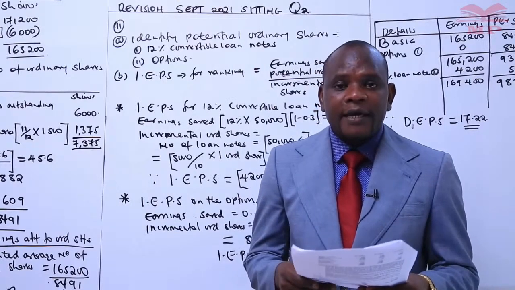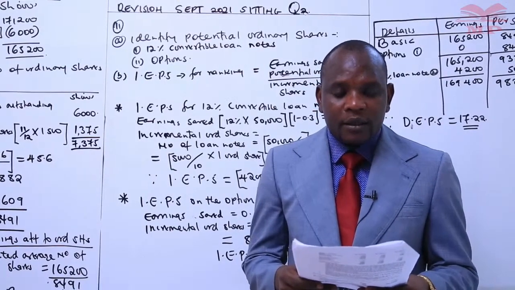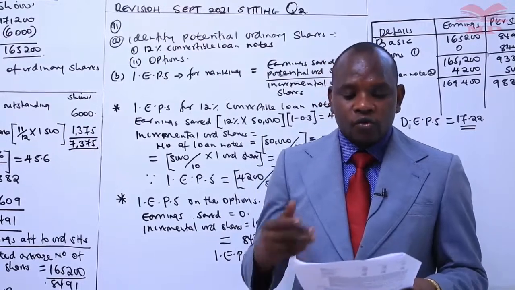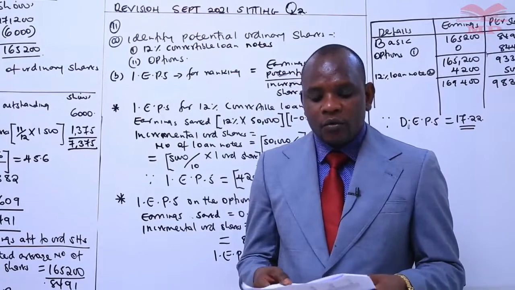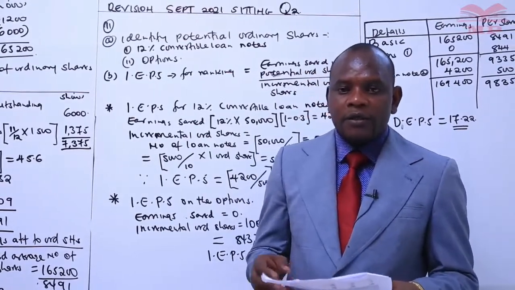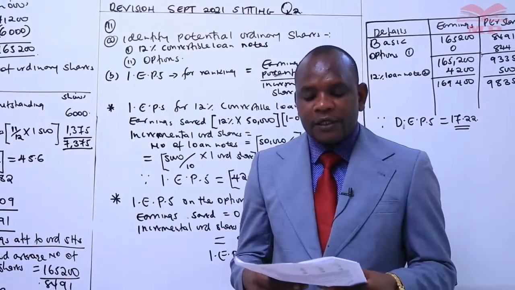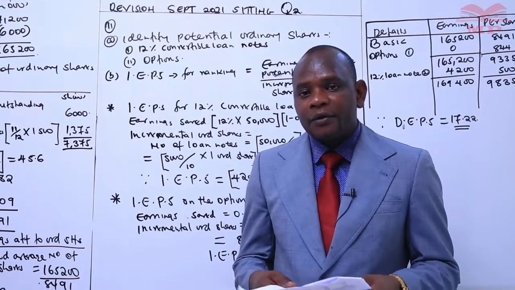Okay, so IFRS 8 segment reporting has two ways of identifying a reportable segment. We have the quantitative threshold, and you also have the aggregation criteria.